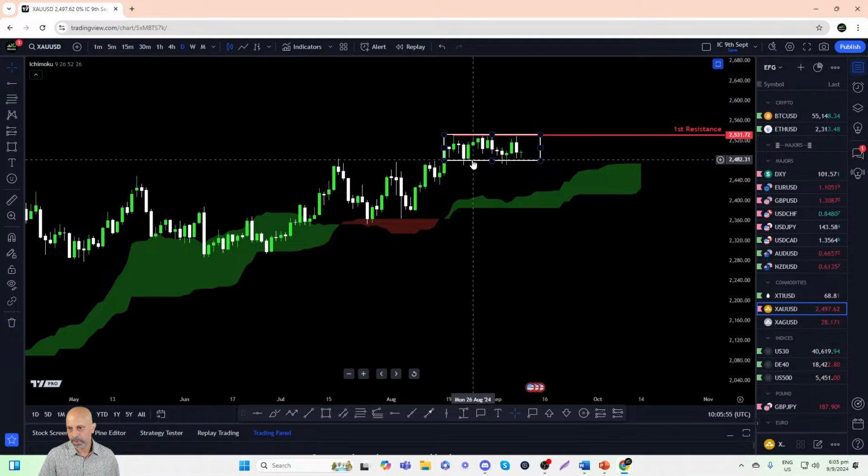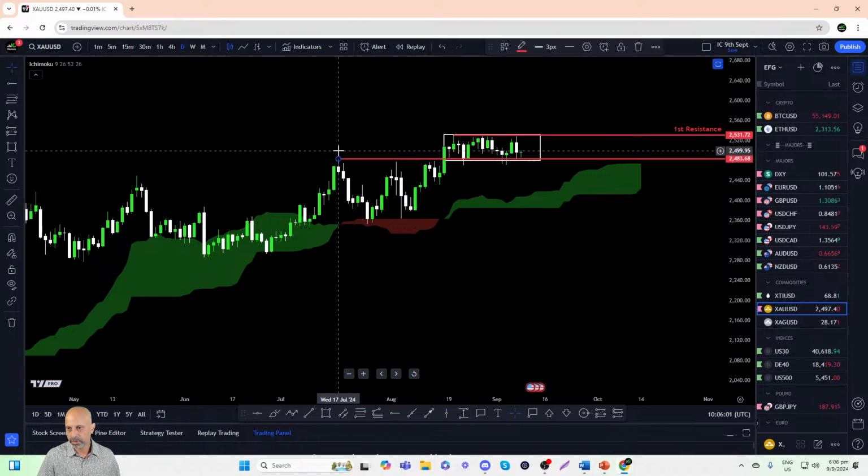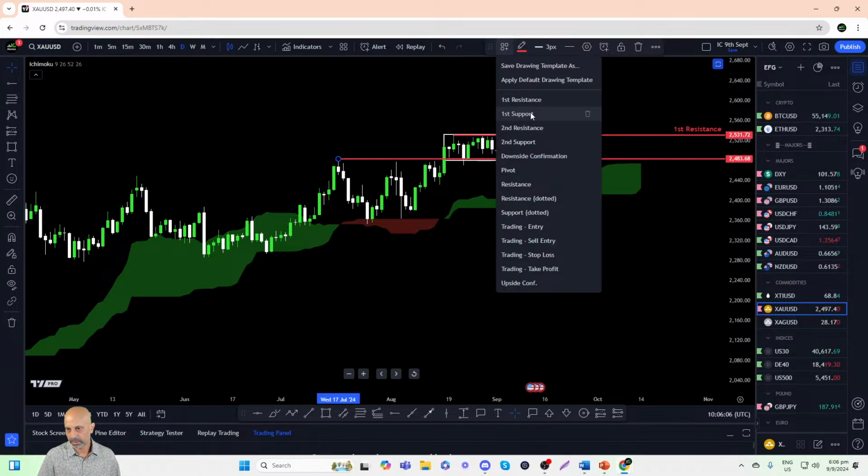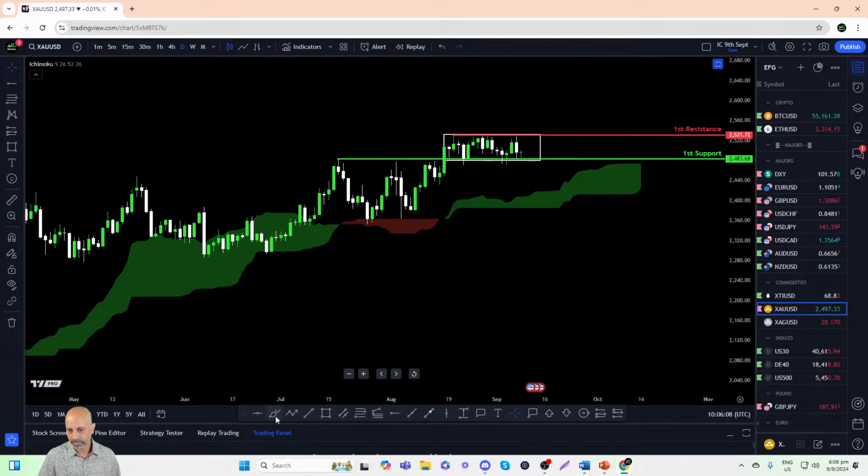And when I look at the lower bound of this sideways range, right, I actually see a nice overlap support level at $2,483 per ounce, right? So you can see previously this level functioned as a swing high resistance on 17th of July, another swing high resistance on 2nd of August, and functioned as resistance as well in mid-August, after which it proceeded to function as support on 22nd of August and finding support once again at the beginning of September.